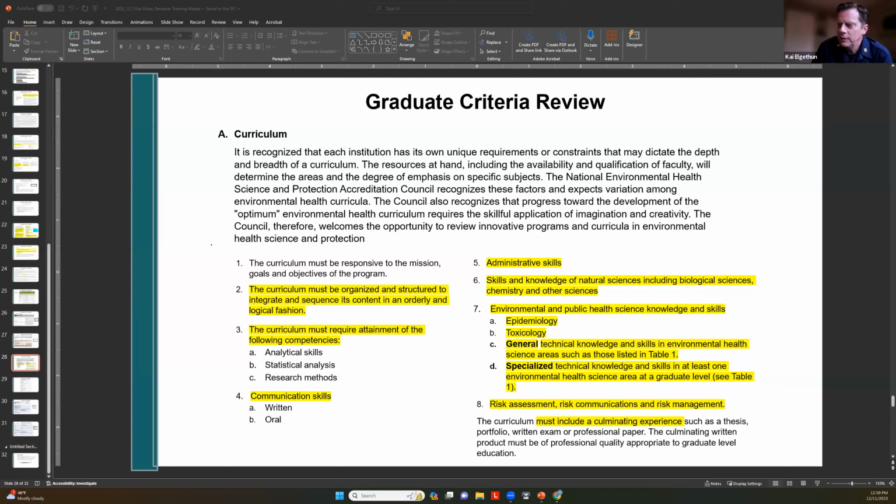But that's something to definitely look at with some scrutiny, because you will have these CEPH accredited MPHs that will try to be very squishy and policy focused, and we have to be really careful that the students, especially those students coming in from non-science undergrad majors, have the skills and knowledge. I agree. I think that's what I would be worried about a little bit.